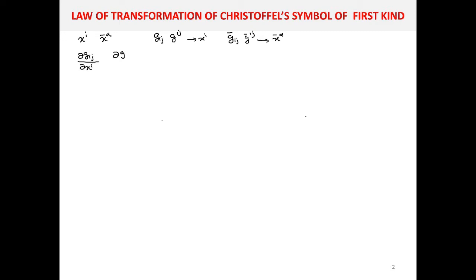If you want to calculate the derivative of this g_ij with respect to some barred coordinate dou x bar alpha, then first you have to differentiate this metric tensor with some coordinate in the unbarred coordinate system, let it be dou x^k. Then you can take the derivative of this coordinate with respect to the barred coordinate dou x bar alpha. So dou g_ij by dou x bar alpha can be written as dou g_ij by dou x^k into dou x^k by dou x bar alpha.